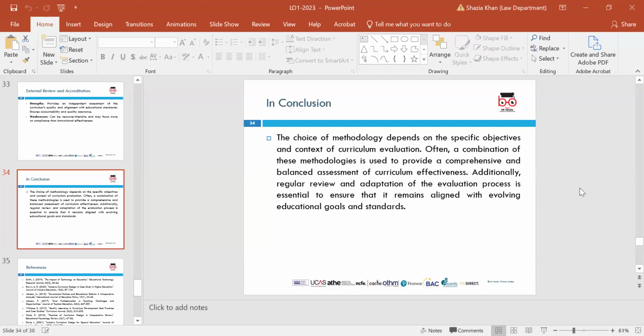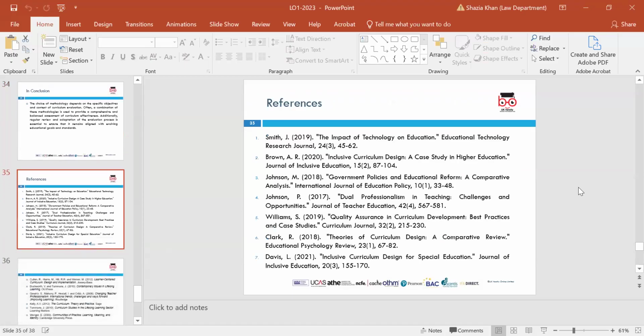We've also looked at external review and accreditation, and why that's so important for any organisation. And overall, we've looked at the elements to support curriculum training, and at the theories and practices that we've put in place. So that's just a summary of Learning Outcome 1.